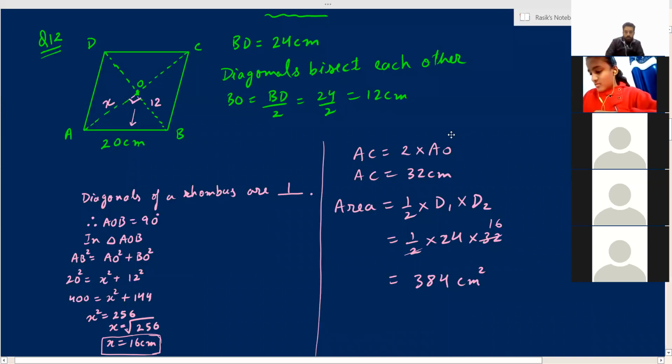Sir, the screen. Sir, have you shared your screen? It is white. No, beta, actually there is some problem with the software, OneNote. If I don't keep on using it, sometimes it becomes white for a second.